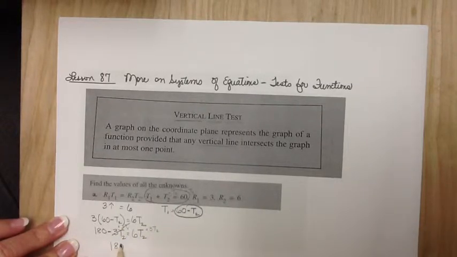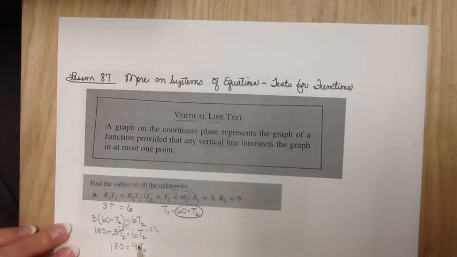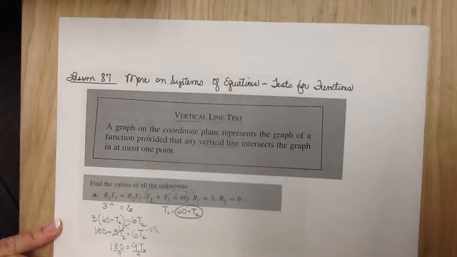Now, do not let those subscripts affect your work. Those are just a variable. And then divide both sides by 9, and t sub 2 turns out to be 20. If t sub 2 is 20, then t sub 1 is equal to 60 minus t sub 2, so t sub 1 is equal to 40.